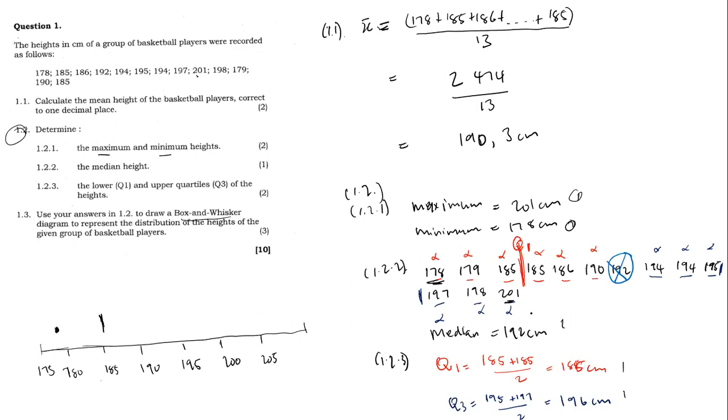Let's go to Q2. Q2 is my median, which is 192. So it's going to be a little bit close to 190. My Q2 will be somewhere over there. And my Q3 is 196, just close to 195. This will be my Q3.